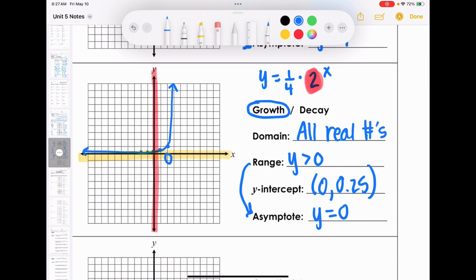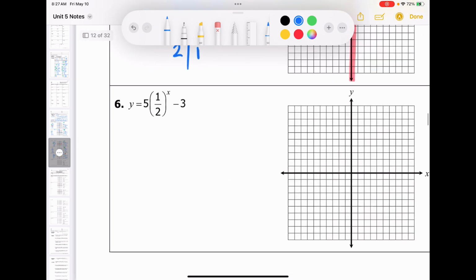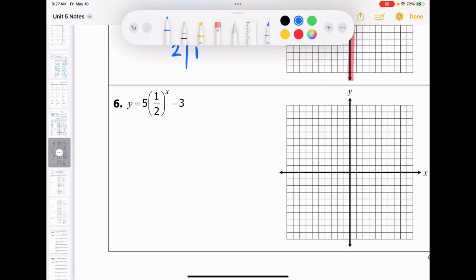All right, let's look at number 6. So we have y equals 5, parentheses, 1/2 to the x, minus 3. So I start with my xy table. We always put -2, -1, 0, 1, 2.